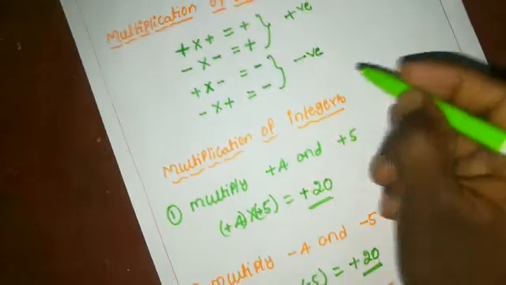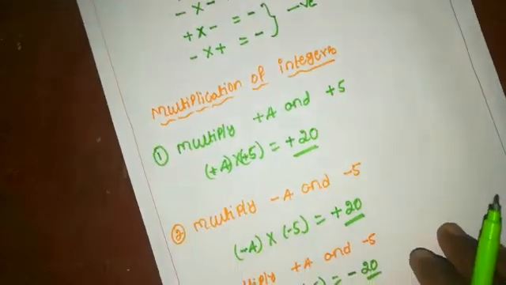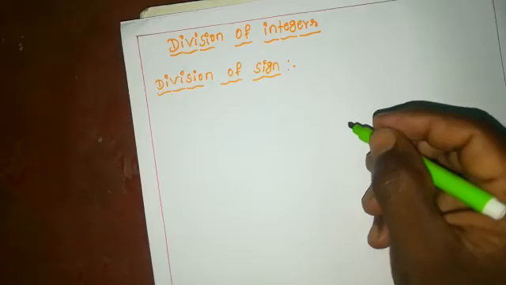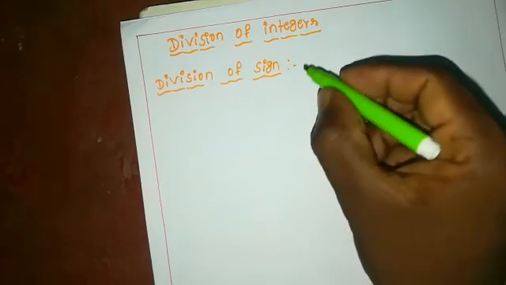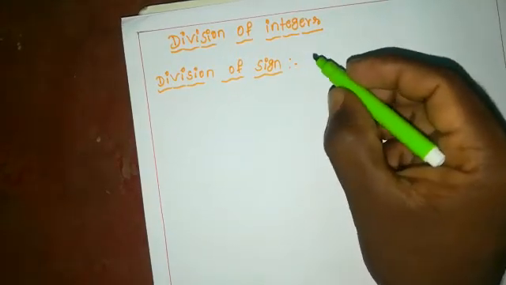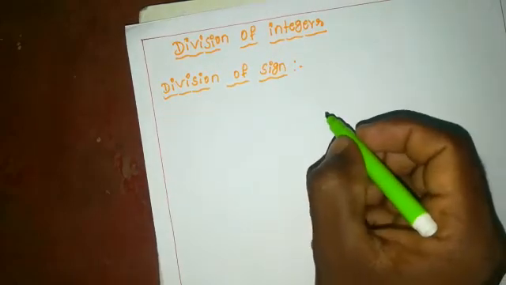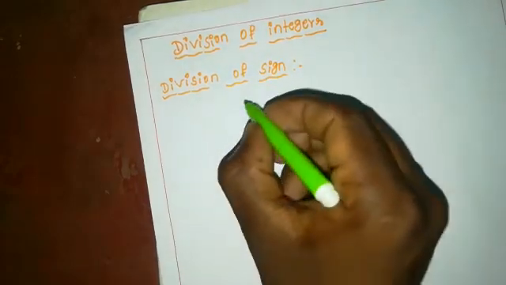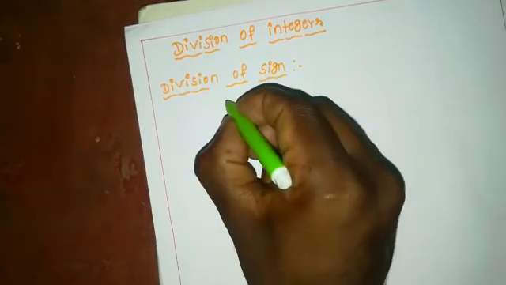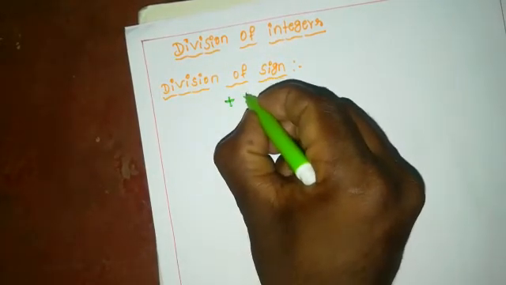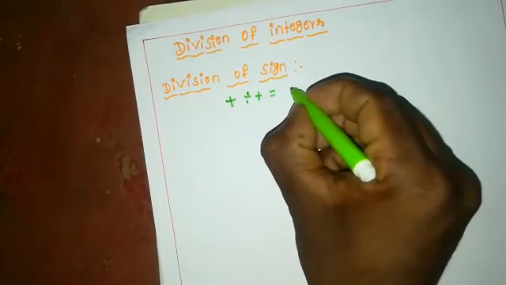Next we move on to the division of integers. Before we go into the division of integers, we should learn about the division of sign. How to divide the sign. When you are dividing the same sign, plus divided by plus, we always get plus.